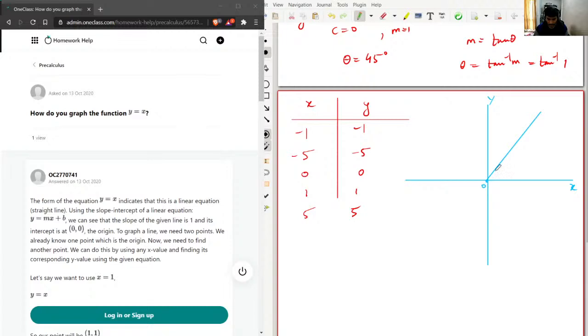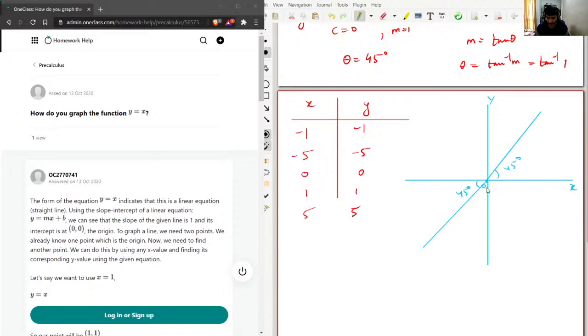And this is 45 degrees, and again it will be continued till here, and this is 45 degrees. So from the first method the straight line will look like this.